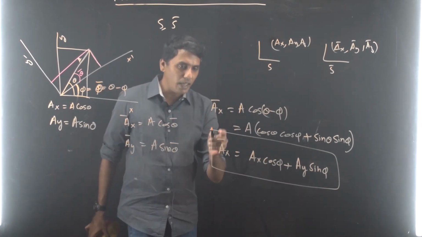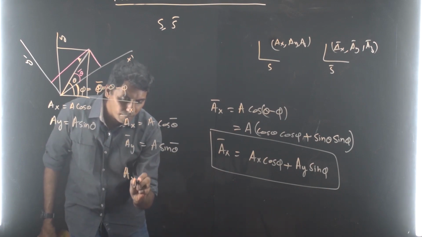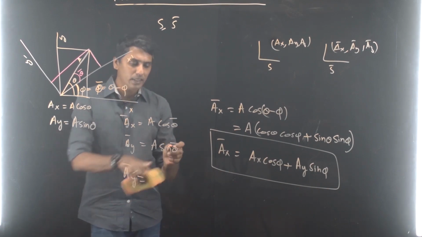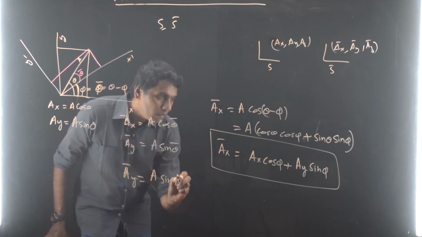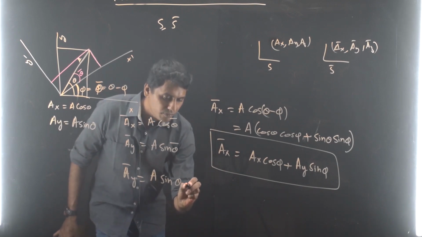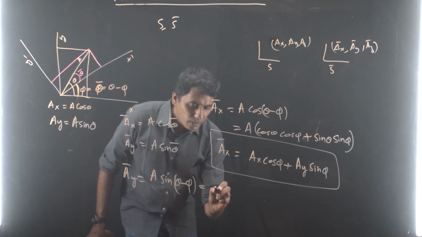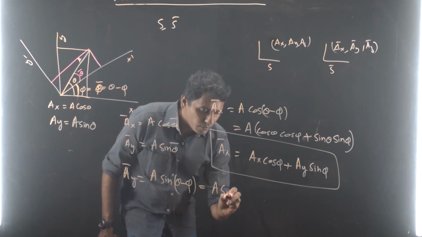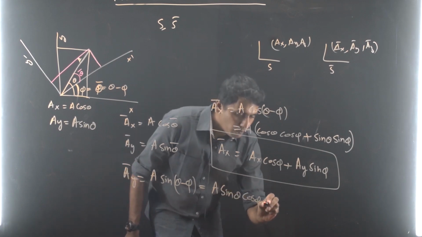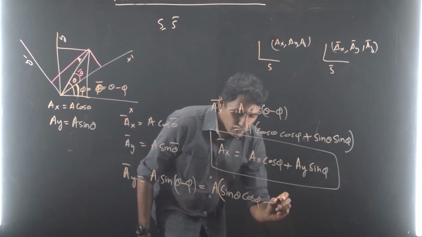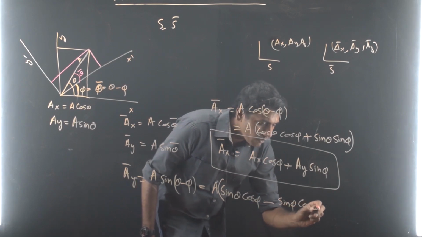Similarly, if you look at Ay bar, you can see that it is A sin theta bar, right? So A sin of theta minus phi, that is equal to A sin theta cos phi minus sin phi cos theta.